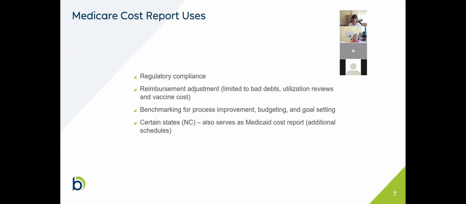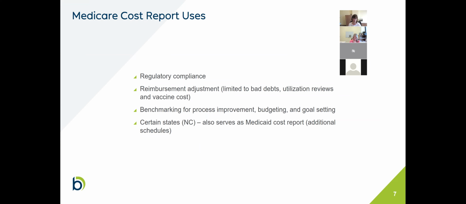There's also opportunities to collect reimbursement related to utilization review, which is your medical director involvement in managing your Medicare population. And then there's a portion related to vaccine cost, not administration, but cost of medication, the actual vaccine.